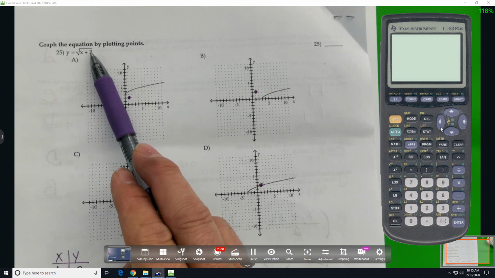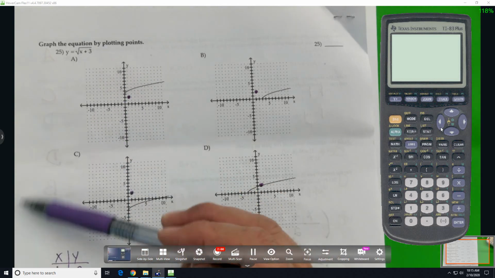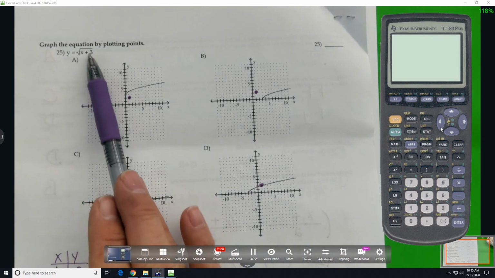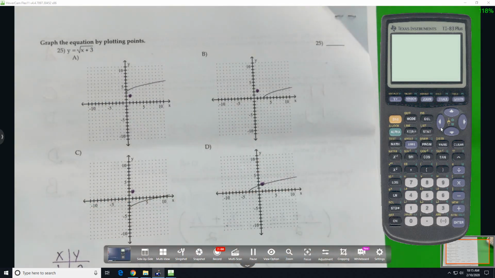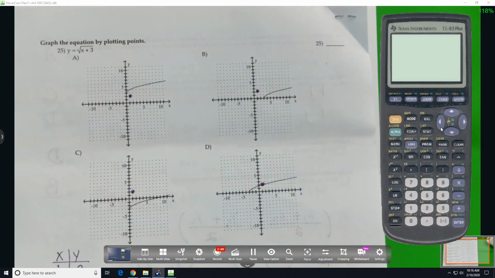I, it's imaginary, that was a joke. You can't just plug a negative 4 in. You can't plug a negative 10 in. That would give you an imaginary number. Okay? So 3, 4, 2, 3, 4. What if I put a 6 in? If I put a 6 in for x, what would that give me? A square root of 9, which is 3.